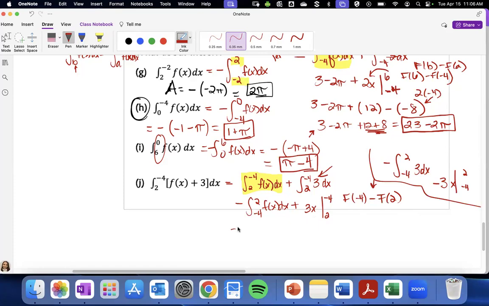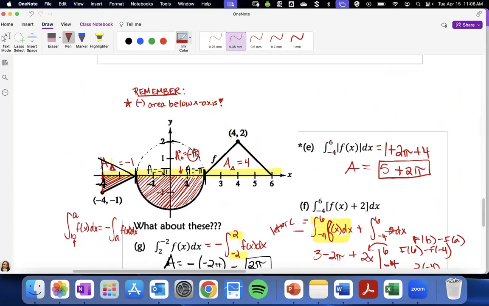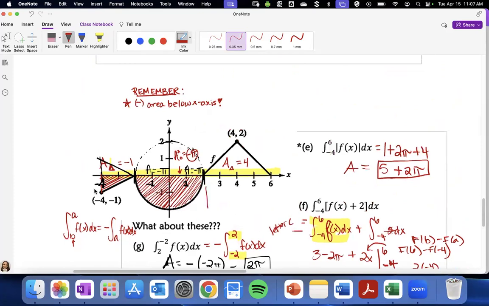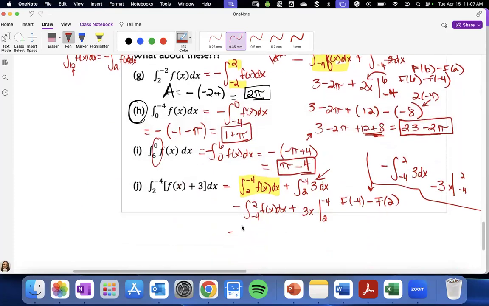Okay, so from -4 to 2, that's this here, -1 minus 2 pi. So the opposite of -1 minus 2 pi. Does that make sense? Okay, then plus, flip them in here, 3 times -4 minus 3 times 2, f of b minus f of a.